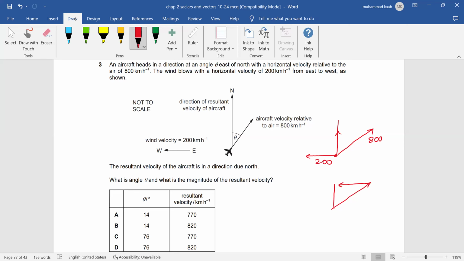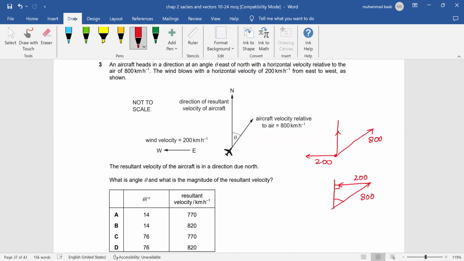So it looks like this. Now in this case, this is a right angle triangle, with the resultant pointing in the north direction. So it is 800 and 200.